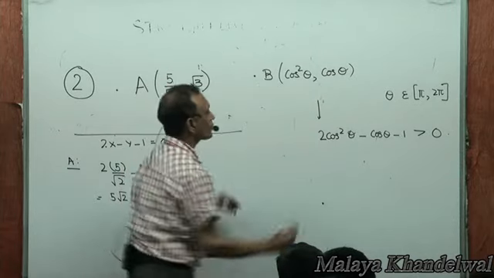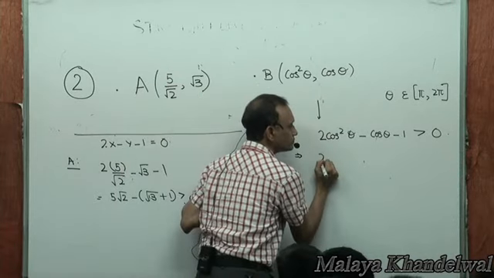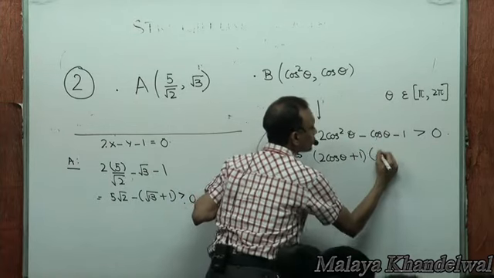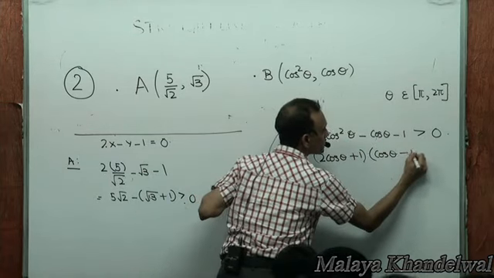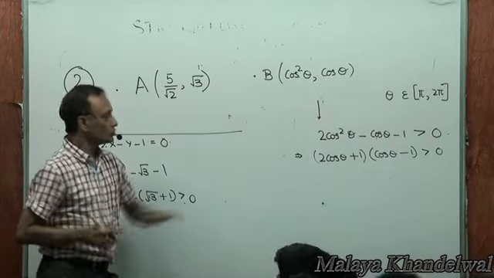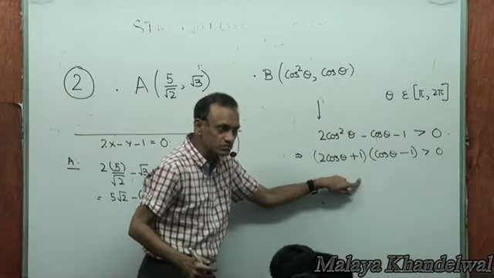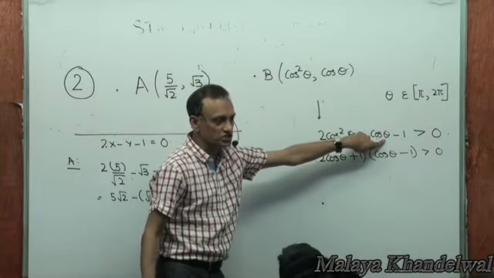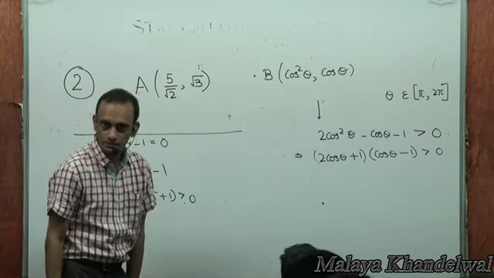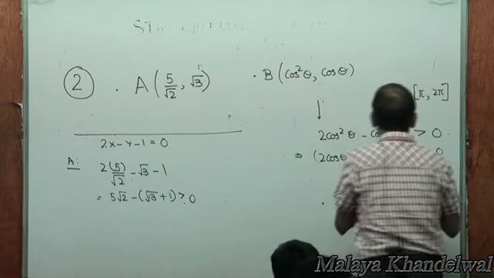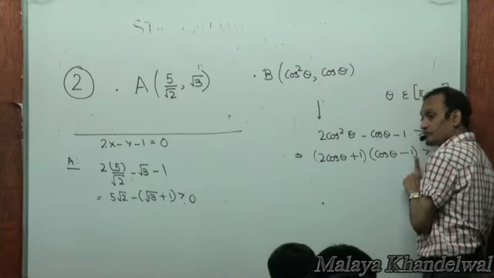Isn't it? Or we have (2 cos theta plus 1) into (cos theta minus 1) greater than 0. If you factorize this, write this as minus 2 cos theta plus cos theta, right? This is what happens.